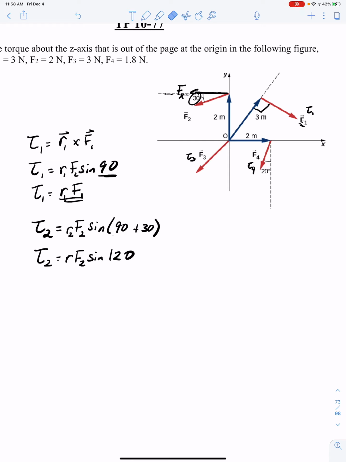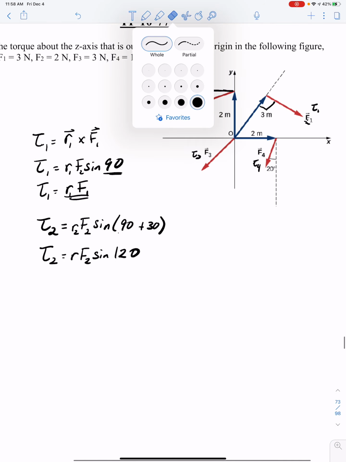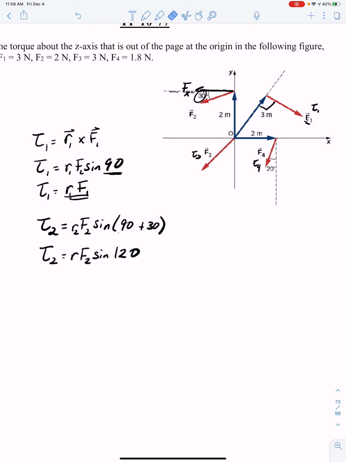But before we continue, let's say that F2 and F1 are equal to each other. So that means that we have r F1, and then over here we have r F2 sine of 120.